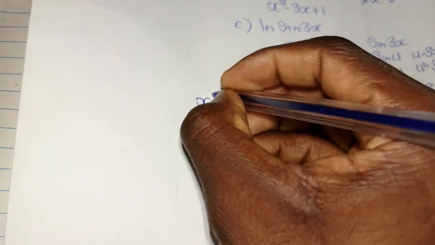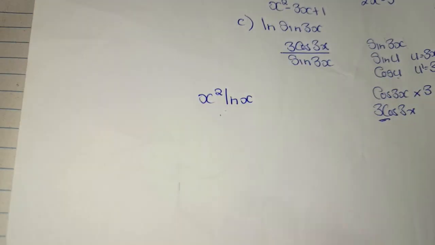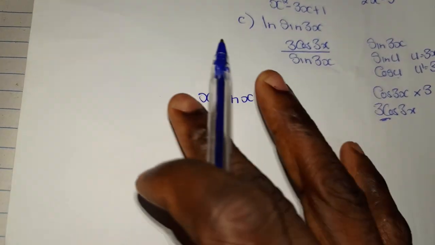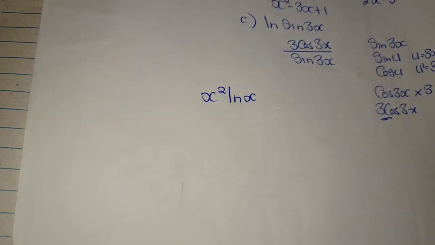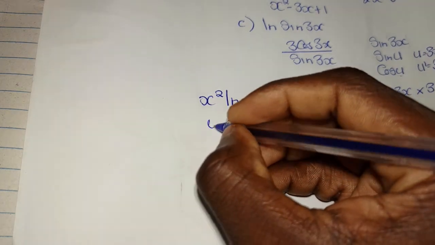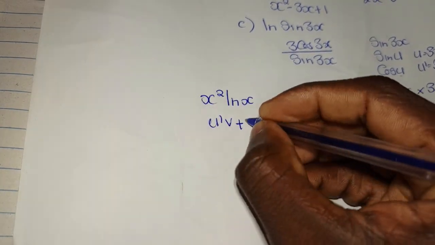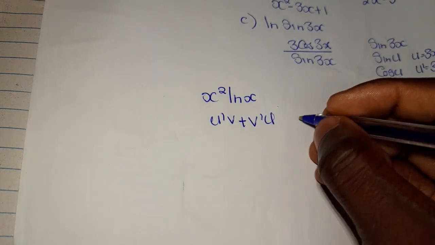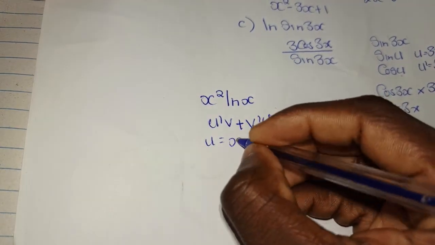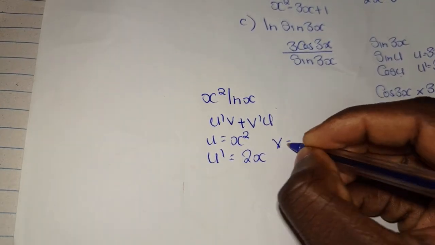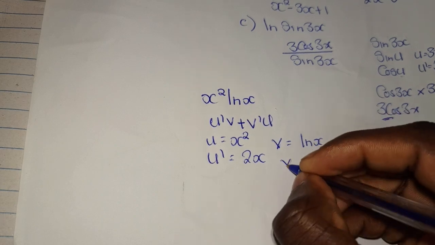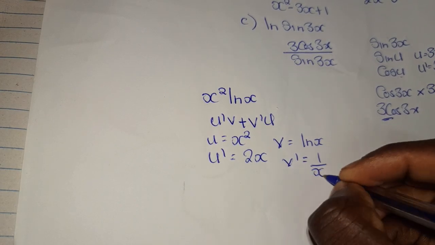Then we have another function which we have been faced with, x squared ln x. So we know to say that when you see two x's in one expression, we are using the product rule. You know to say the product rule is u prime v plus v prime u, where your u in this case is x squared and your u prime is 2x. Your v in this case is ln x and your v prime will be 1 over x.